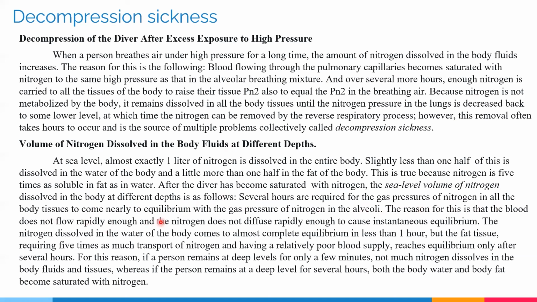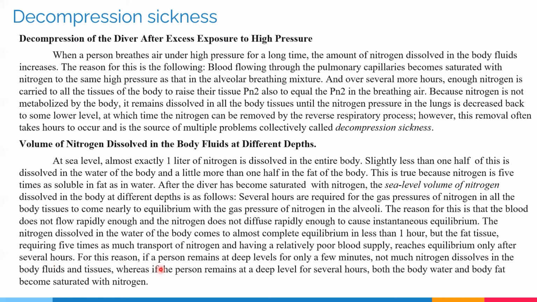Several hours are required for the gas pressure of the nitrogen in all the body tissues to come nearly to equilibrium with the gas pressure of nitrogen in the alveoli. The reason for this is that blood does not flow rapidly enough and nitrogen does not diffuse rapidly enough to cause instantaneous equilibrium. The nitrogen dissolved in the water of the body comes to almost complete equilibrium in less than an hour, but the fat tissue requires 5 times as much transport of nitrogen and, having relatively poor blood supply, reaches equilibrium only after several hours.